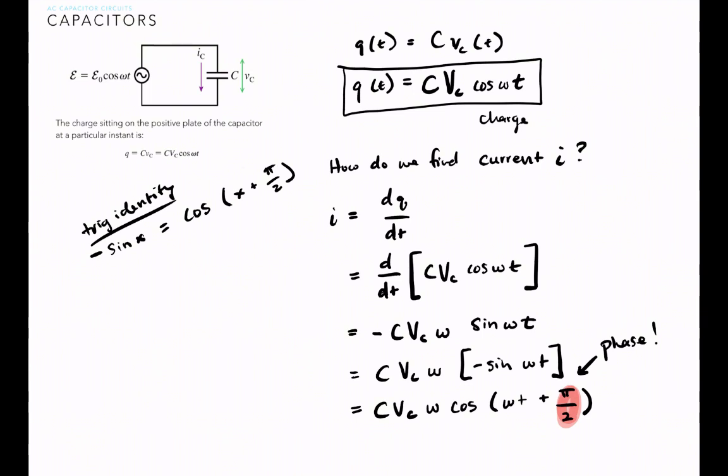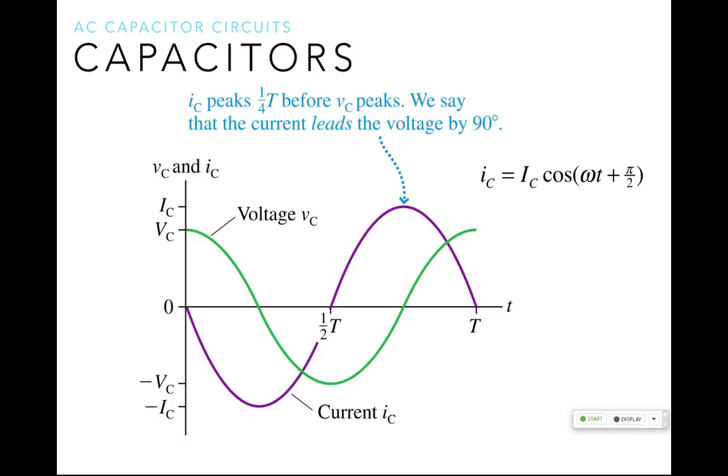All right, and now when we look at the current across your capacitor, and we look at the voltage across your capacitor, right, these are just constants. But look at the two waves. What are they going to look like? They're going to be out of phase, okay?